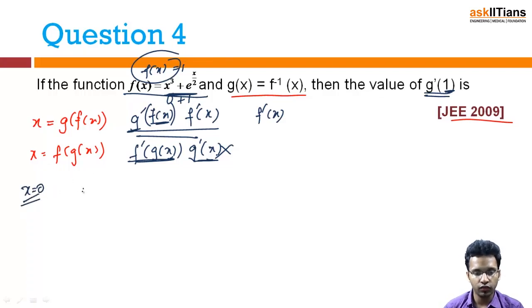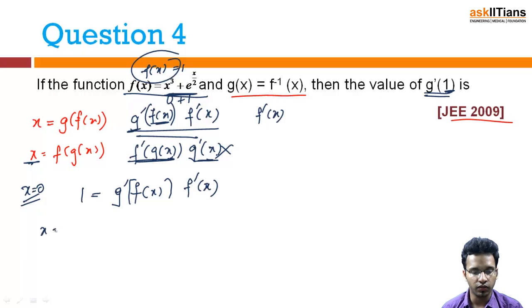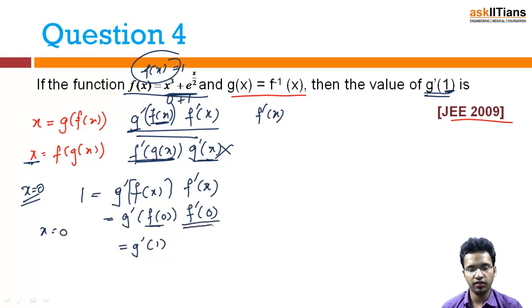So this is 1 here. If I differentiate, this is g dash of f x into f dash of x. So if I put x equal to 0, I will be getting g dash of f of 0 into f dash of 0. As I have stated, f of 0 is 1. Now f dash we can easily find.